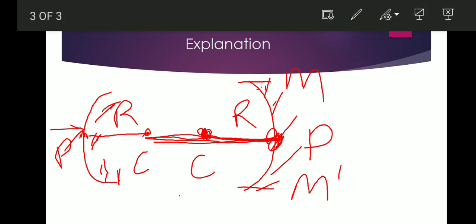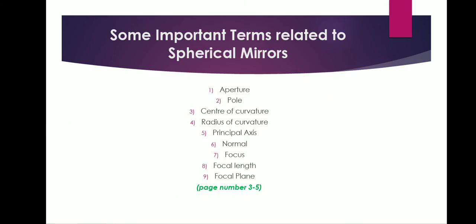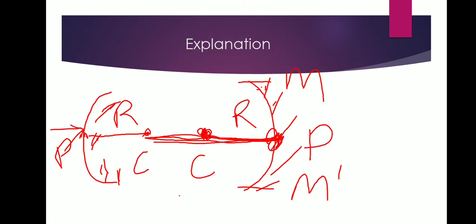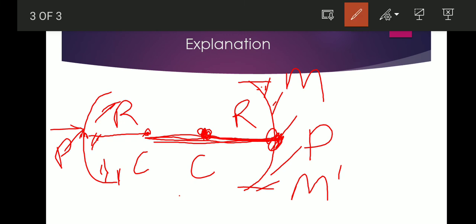Then next is normal. Here we have normal. Suppose this is our incident ray, which is coming parallel to the principal axis, and this is the point where it strikes the mirror. The mirror is spherical, so it has a reflecting surface at this point.